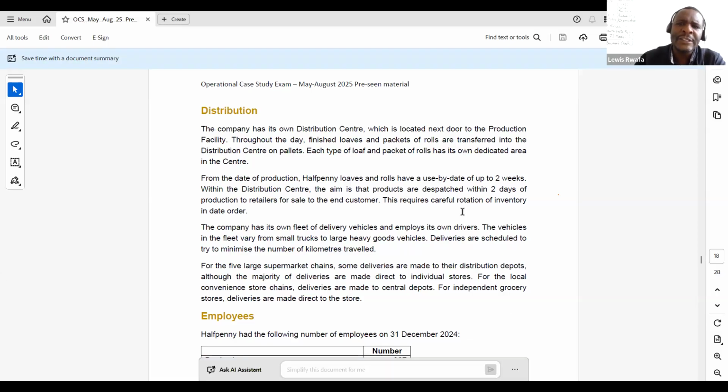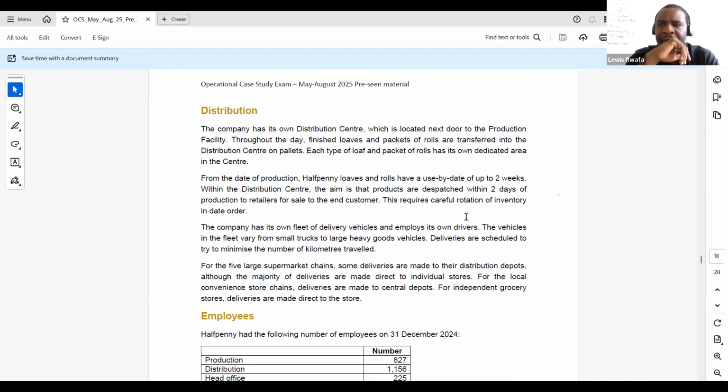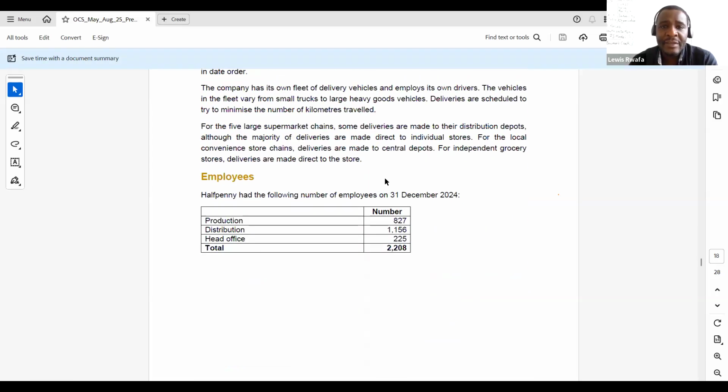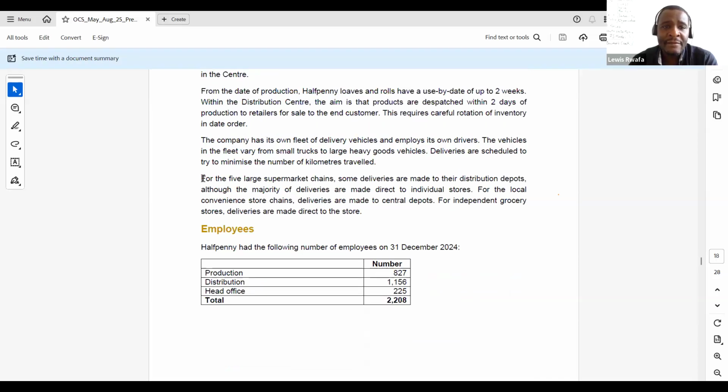But again, we need to go into our financial position and do some numbers in terms of our inventory turnover there. We are given the number of employees there. Actually, before we get there, 5 large supermarkets, that's the market. Some deliveries go to the depots and some direct to individual stores, right?